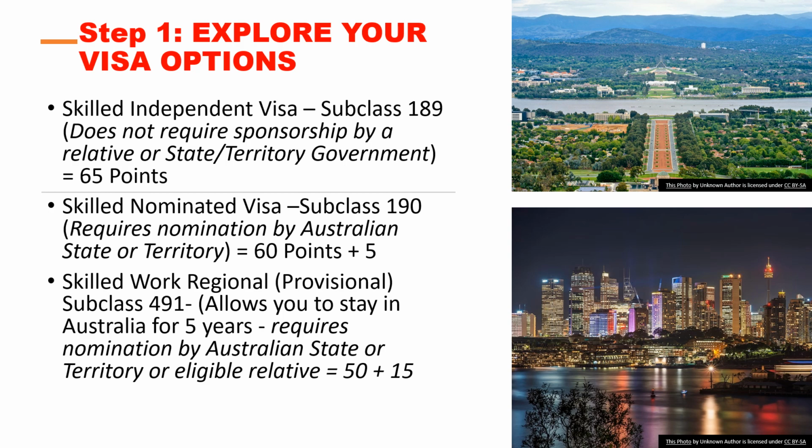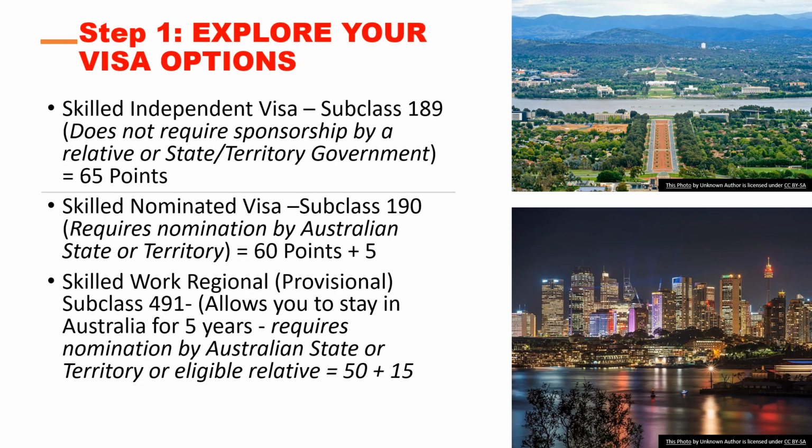With the skilled nominated visa, or subclass 190, nomination by an Australian state or territory government is required. In terms of points, you are required to have at least 60 points, and then the state government will award you 5 points.